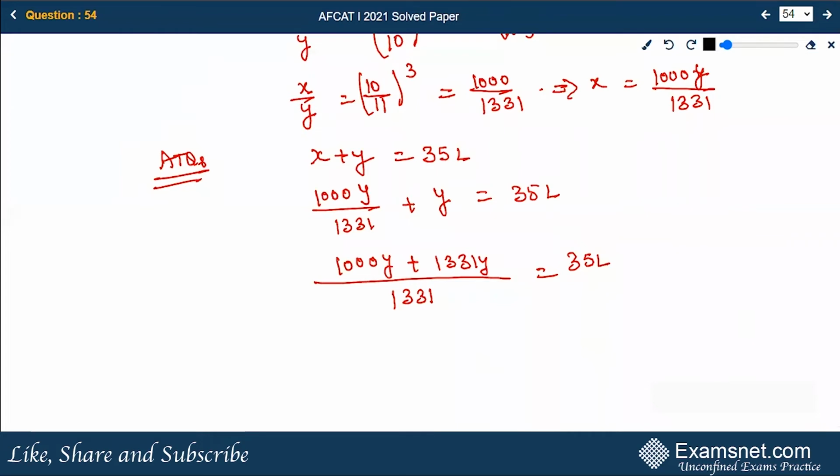1331, there will be 1000 y plus y is equal to 35 lakh into 1331, which makes it 2331 y is equal to 35 lakh into 1331.